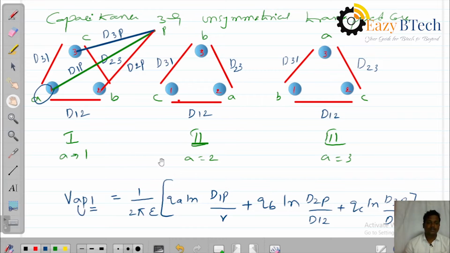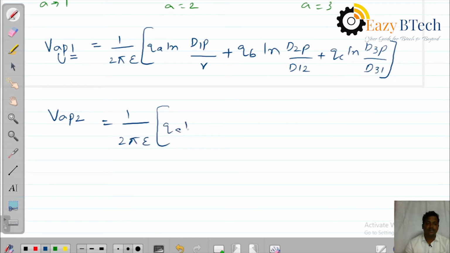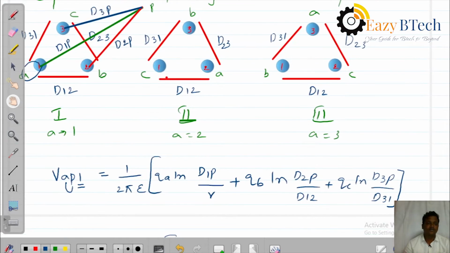Like that, we have to write the remaining, conductor A at position 2, VAB2. Here also 1 by 2 pi epsilon QA ln. The distance from conductor A to P now, here also assume point P is far away from the conductors.